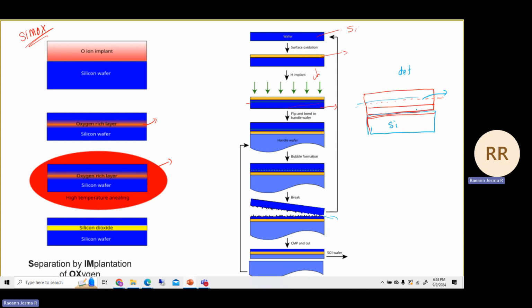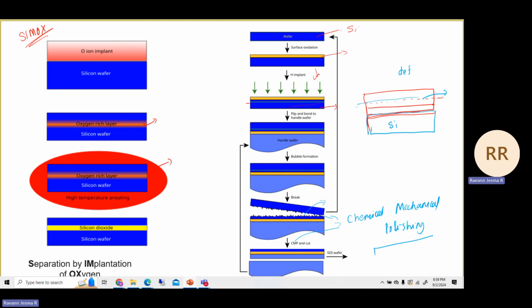Once it breaks, we have a very rough surface on top, so we follow it by CMP, chemical mechanical polishing, in order to smoothen the surface.